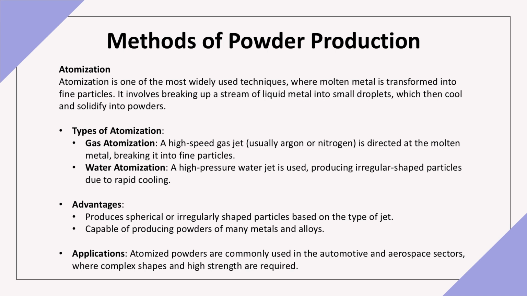Gas atomization. A high-speed gas jet breaks up molten metal into small particles, ideal for creating spherical powders. Water atomization. A high-pressure water jet rapidly cools the metal, creating irregular-shaped particles. Atomization is popular in the automotive and aerospace sectors for creating complex shapes and high-strength components.